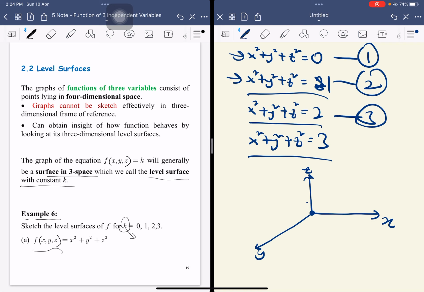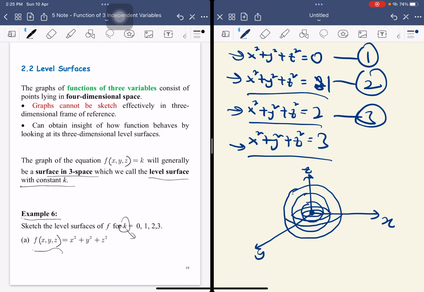The second one, we have another sphere like this. And then the last one, you have the biggest sphere over here.